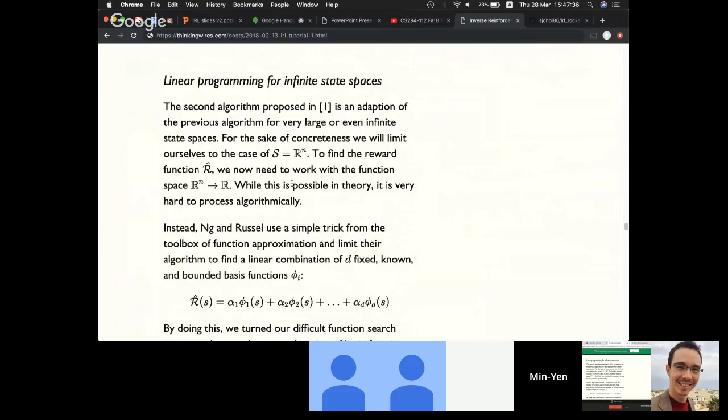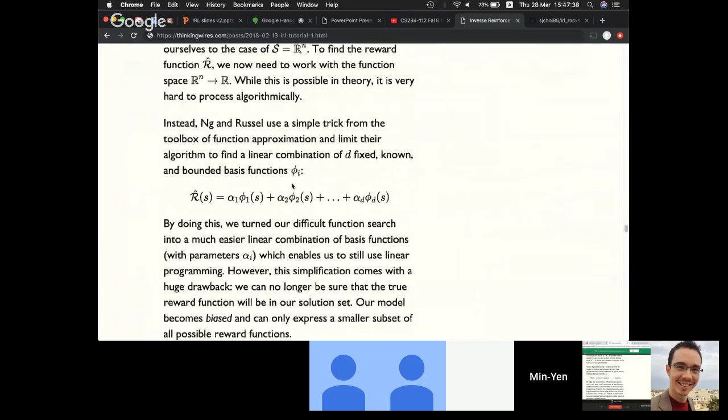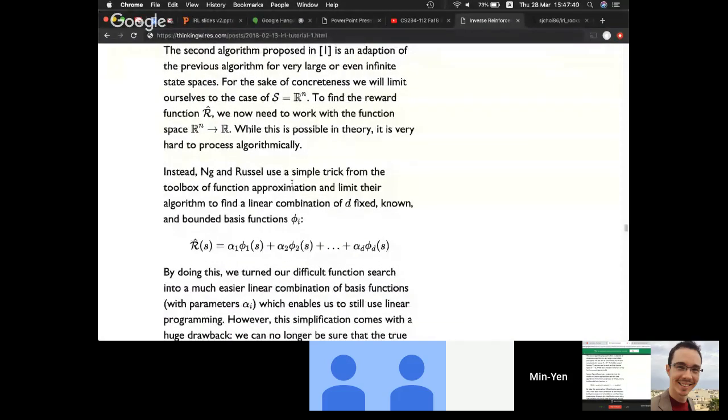Okay. All right. So, if we want to deal with an infinite state space, we're going to have to use some other way of doing it, because there's an infinite number of possibilities.